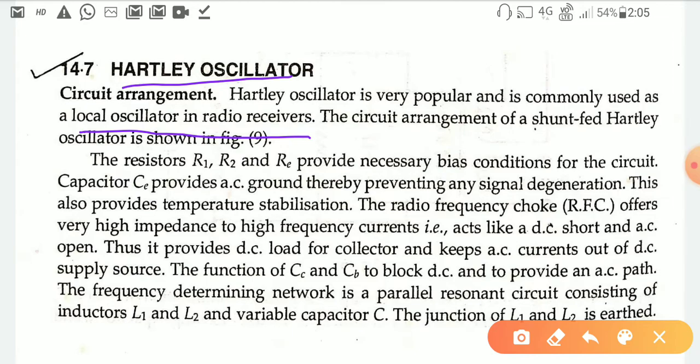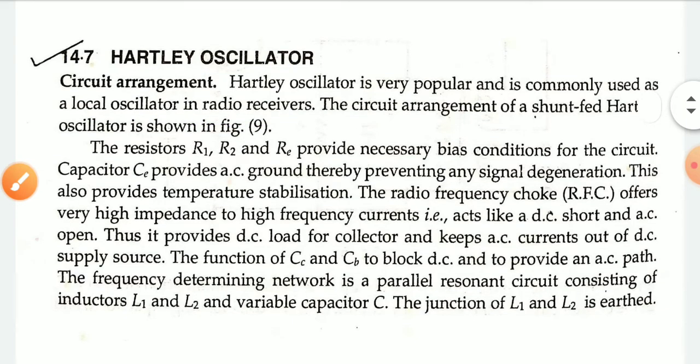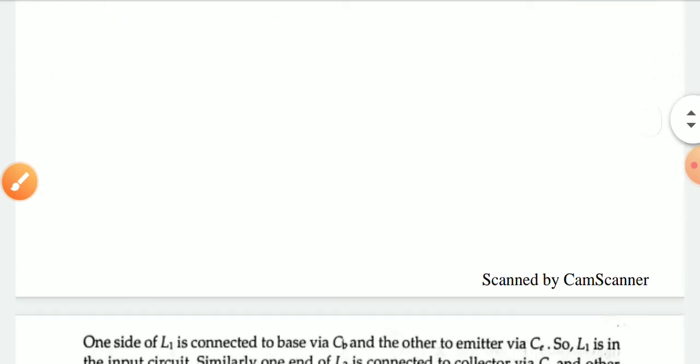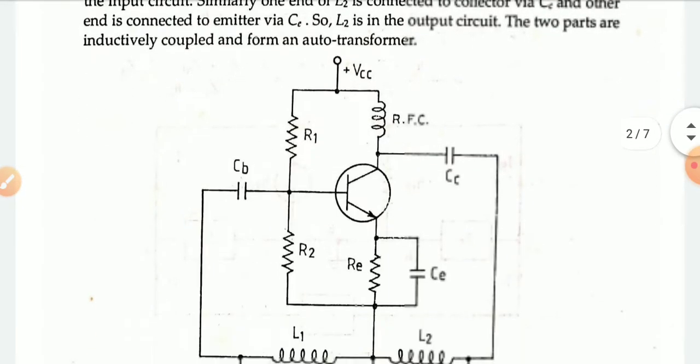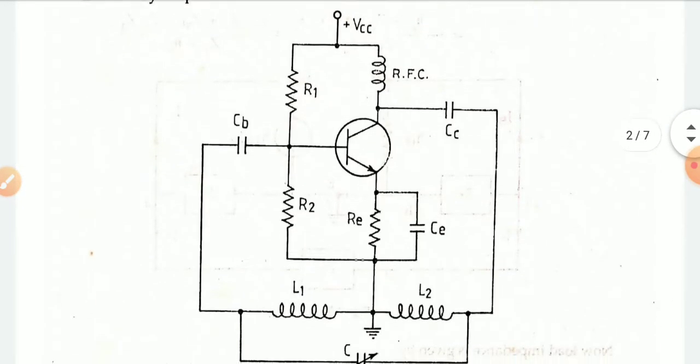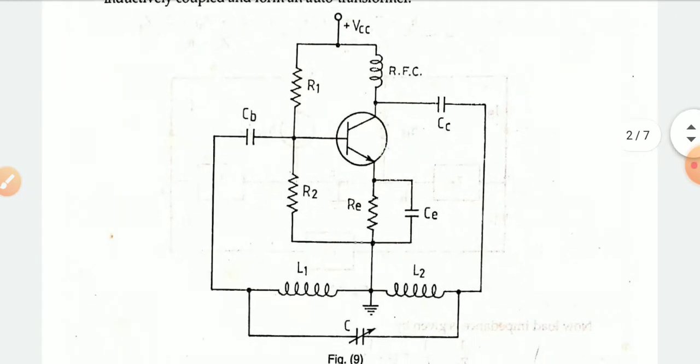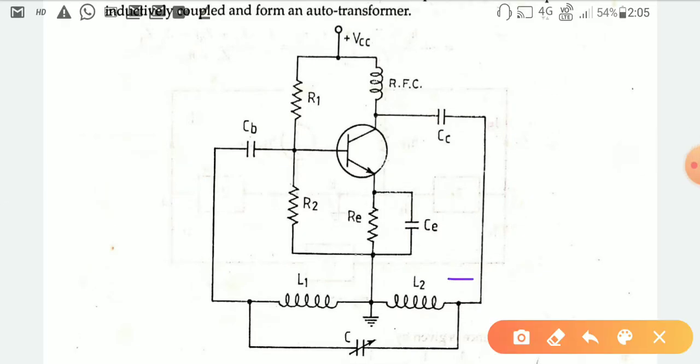The circuit arrangement looks like this one, where a voltage divider circuit is used for the transistor, and it is assembled with the inductor and capacitor in this position as such.